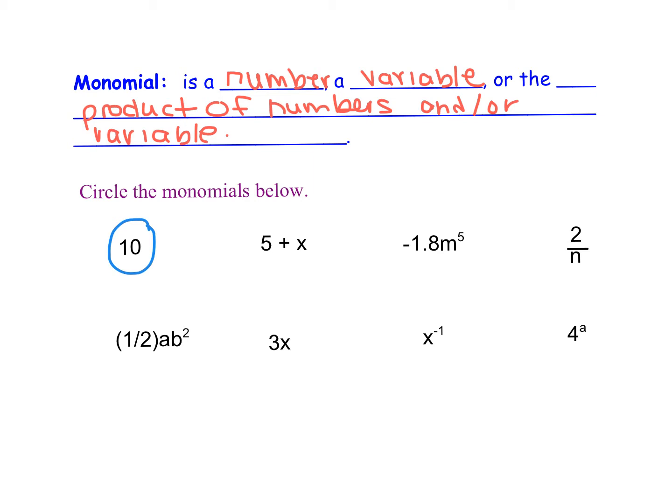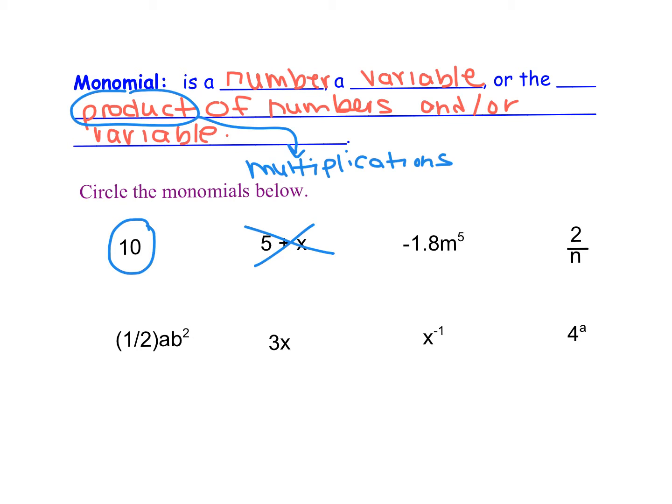And if I look up above, yes, monomials can use numbers and variables, but this word product, remember, product means multiplication. So if we have a monomial with both numbers and variables, they need to have multiplication going on, which this has addition, so it is not a monomial.